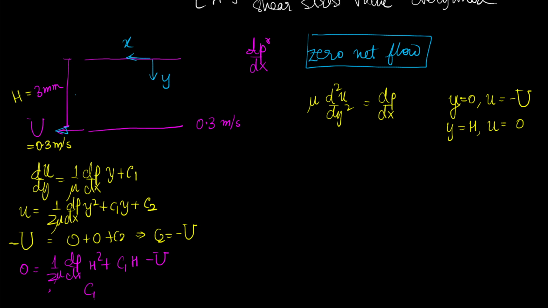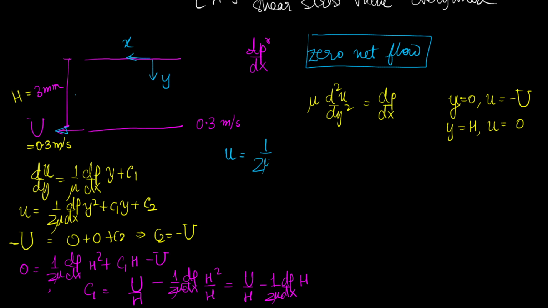From this we obtain c1 equal to U minus 1 upon 2 mu dp dx h square, divided by h. So c1 comes out to be U by h minus 1 upon 2 mu dp dx times h. If we use these two constants in the expression for the velocity, u equal to 1 upon 2 mu dp dx y square plus c1 y.